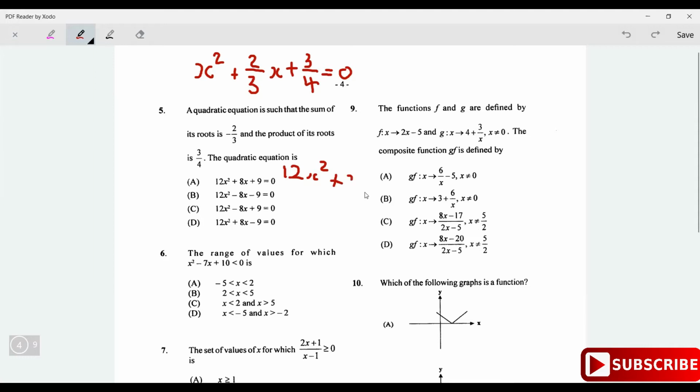And then 3 over 4 times 12, you get plus 9. So it's 12x squared plus 8x plus 9. Option B. Easy. This is a repeat question, a repeat from almost every year. Repeat from 2014.